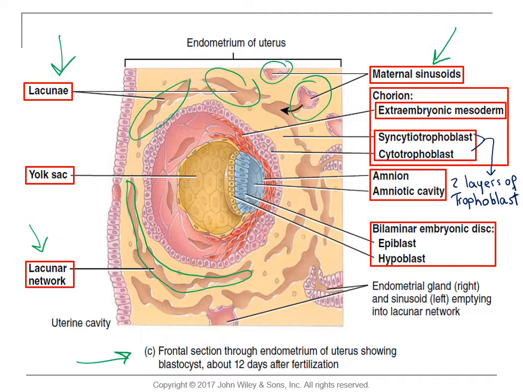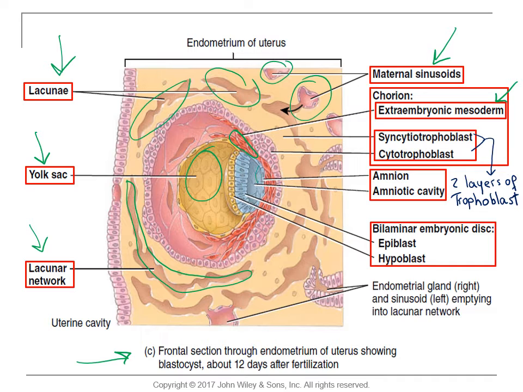And then as for the development of the extraembryonic coelom, about the 12th day after fertilization, the extraembryonic mesoderm develops. Here, this part is the extraembryonic mesoderm. These mesodermal cells are derived from the yolk sac, and form a connective tissue layer, mesenchyme, around the amnion and the yolk sac.